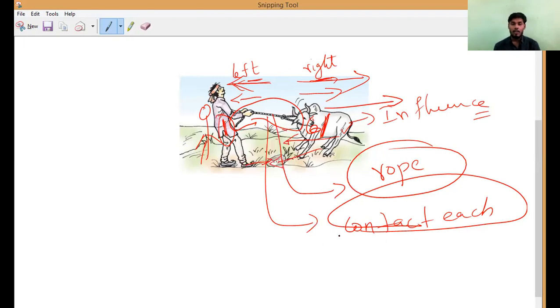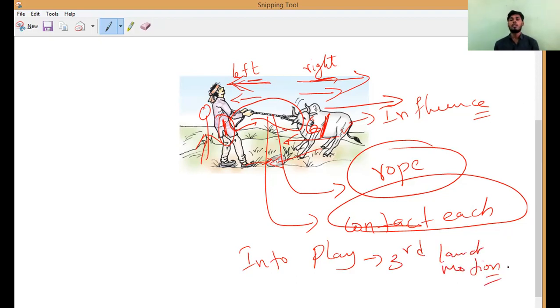So here some law will come into play. What is that law called? Newton's third law of motion. Newton's third law of motion will come into play only when two bodies come in contact with each other, and the first body is trying to influence the second body, then the second body also exerts the same amount of force on the first body, but in the opposite direction.